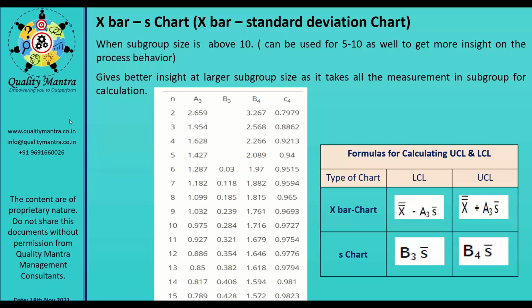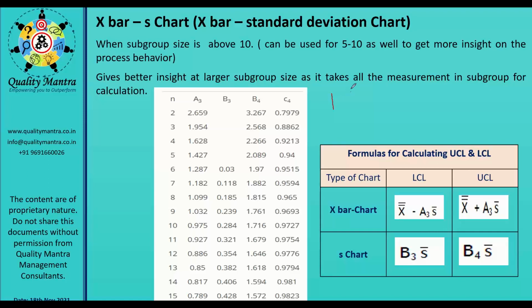Now, why is it better to go for the standard deviation? You see, when we are calculating the range, how many data points are we using? Let me give you an example.